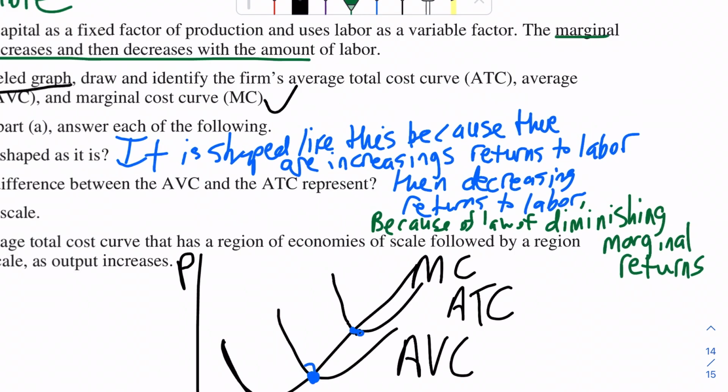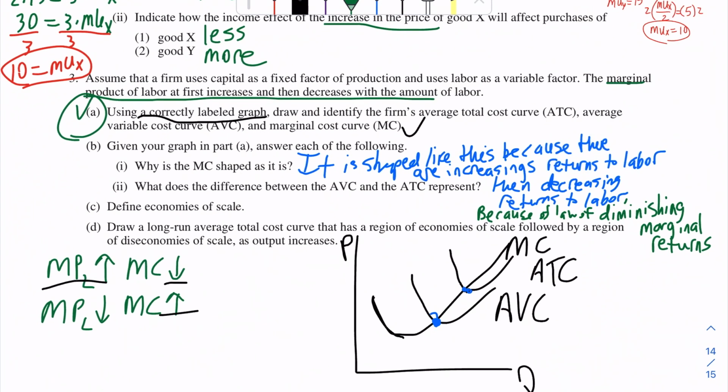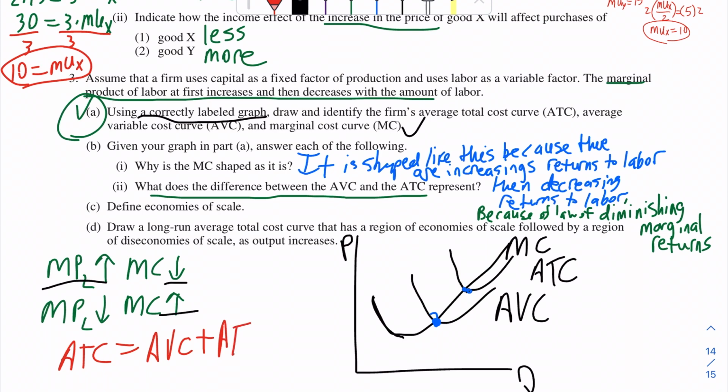Less writing. What does the difference between the AVC and the ATC represent? Well, if you don't know already, the ATC is your average total cost, and your total cost is your variable plus your fixed. So this ATC is your average variable cost plus your average fixed cost.